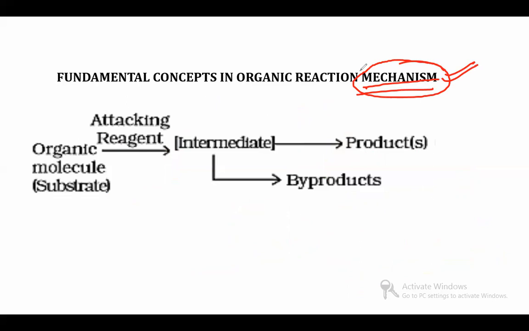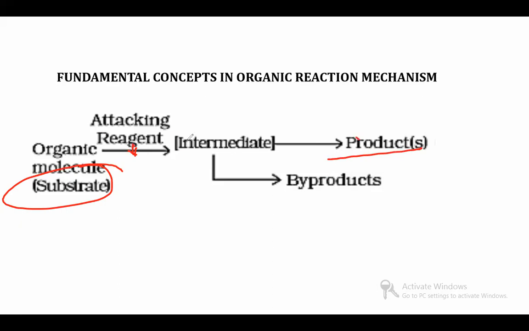Okay, so how do organic reactions give a product? The substrate or organic molecule reacts in the presence of an attacking reagent, electrophile E plus or nucleophile Nu minus, and gives a product through an intermediate. We get the major product, and the left behind, unconverted part is the minor product, which we call the byproduct.